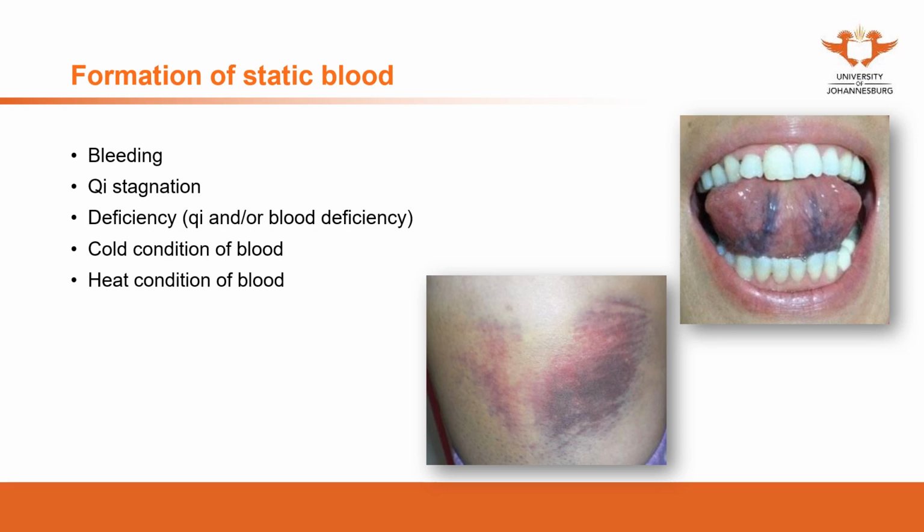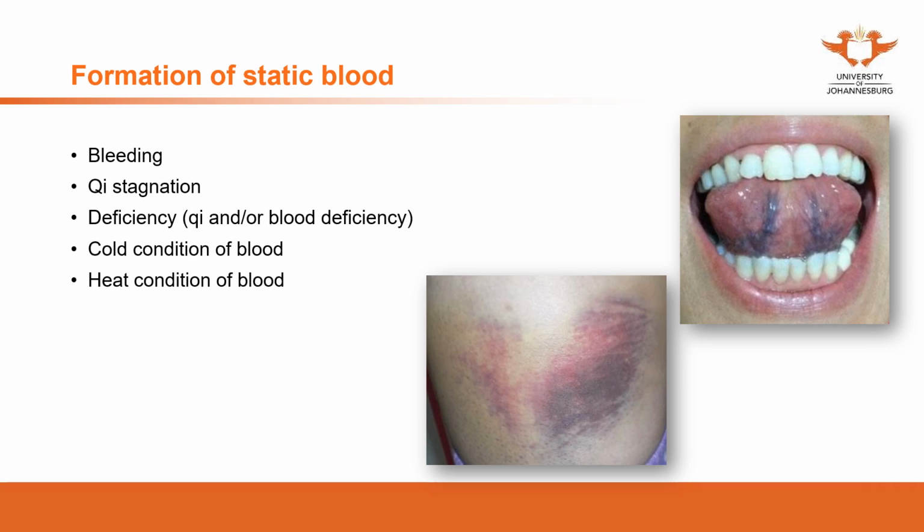The third cause is deficiency. It can be either qi deficiency or blood deficiency. Qi stagnation and qi deficiency are actually different, although they can happen together, as a combination of both. For qi stagnation, the qi doesn't move properly.